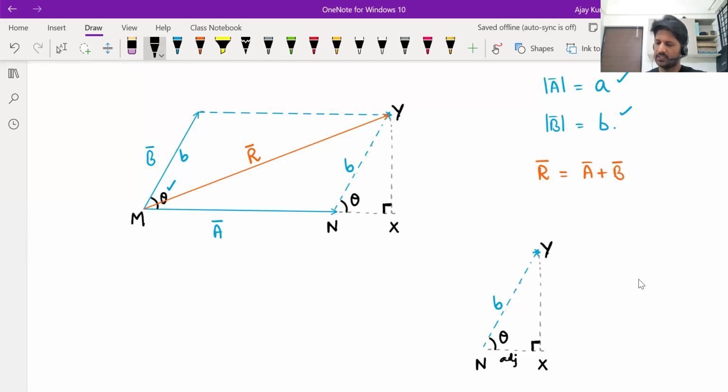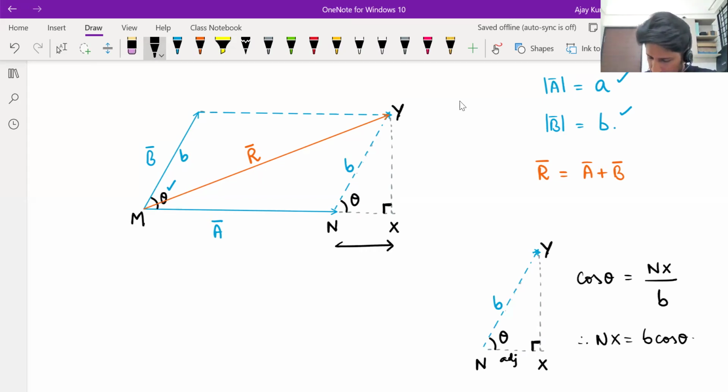We can say that cos theta is equal to adjacent, that is NX, divided by hypotenuse, that is B. Therefore, the side NX becomes B cos theta. Is this step clear to all of you? If you have any question, you can ask. Okay, so this length becomes B cos theta, and this base is already equal to A.